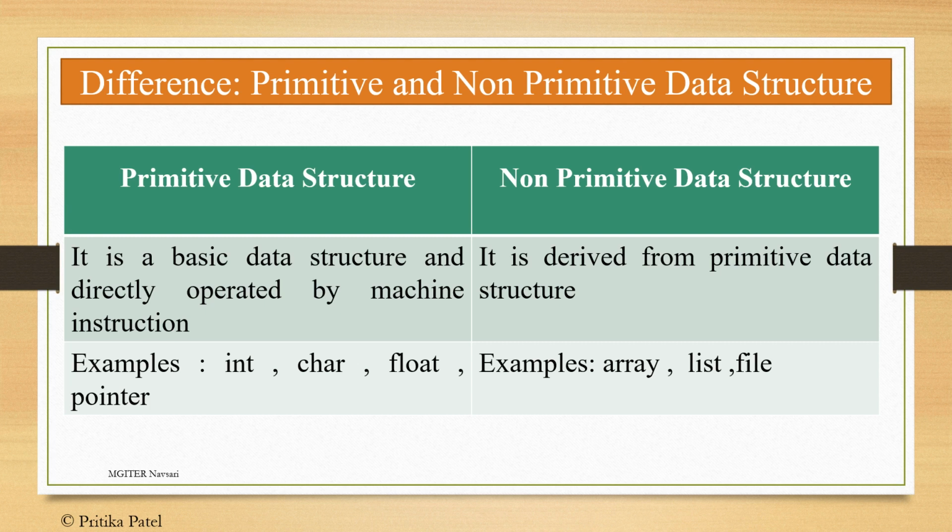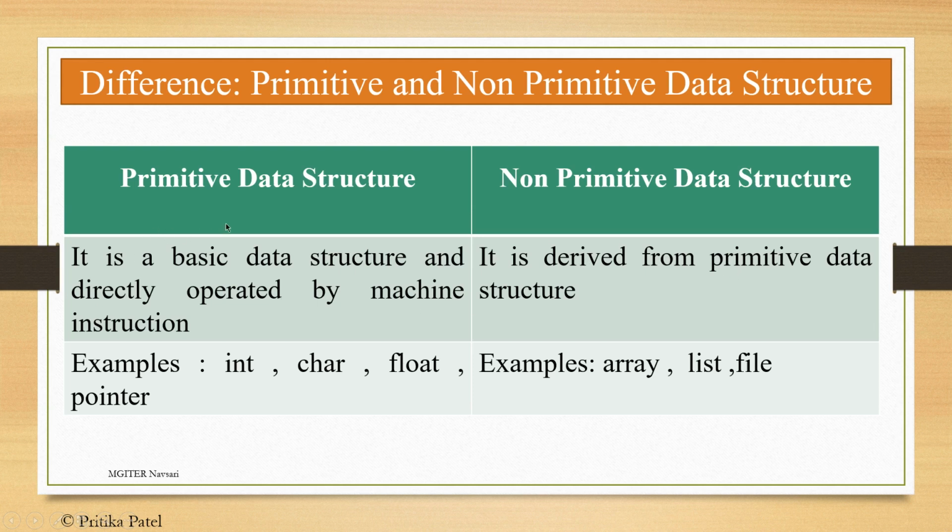Now next point is the difference between primitive and non-primitive data structure. It is the most important topic for the GTU exam as well as the mid exam. So we will discuss primitive and non-primitive data structures. A primitive data structure is a basic data structure and is directly operated on by machine instructions, whereas a non-primitive data structure is derived from primitive data structures.